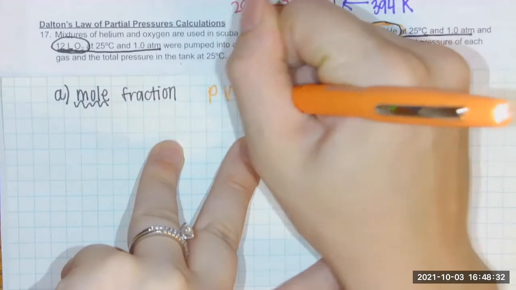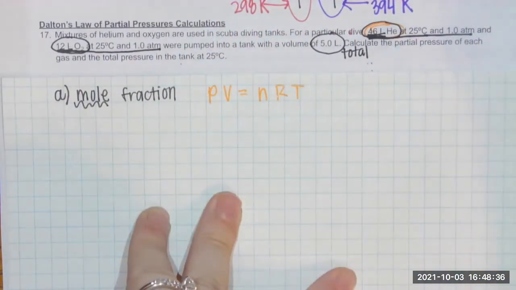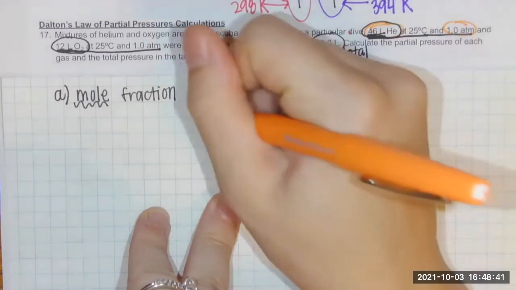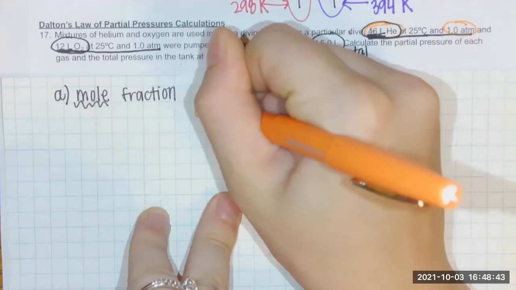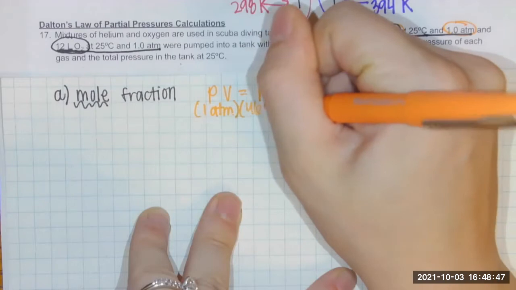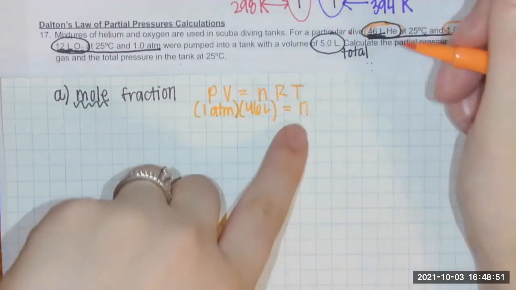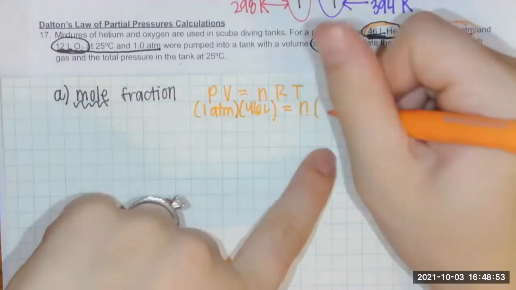PV equals nRT. The pressure, it said it was at 1 atmosphere. The volume was 46 liters. PV equals, I don't know the number of moles. I'm trying to figure that out.